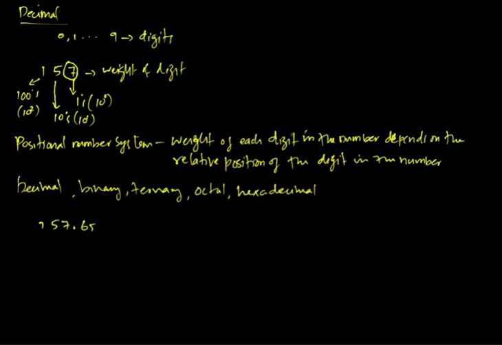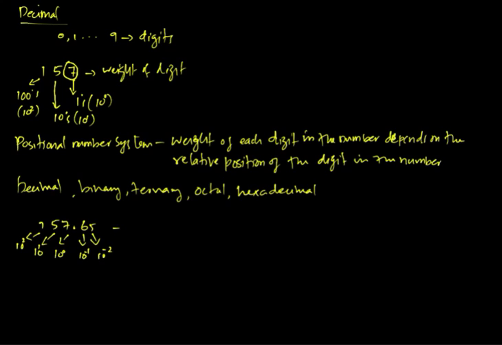you consider the weight of each digit in this number, the first digit, that is 1, will have the weight of 10 squared or 10 raised to 2. The digit 5 has a weight of 10 raised to 1. The digit 7 has a weight of 10 raised to 0, and definitely you know that the weight of the digit 6, that is the first one after the decimal point, is 10 raised to minus 1 or 1 by 10, and 5 will have a weight of 10 raised to minus 2.